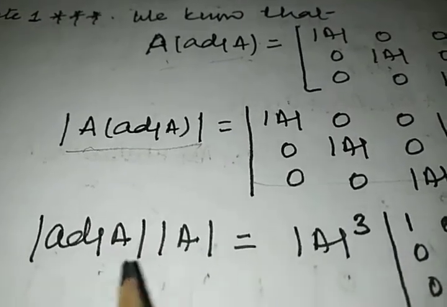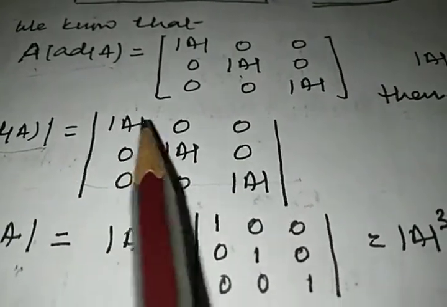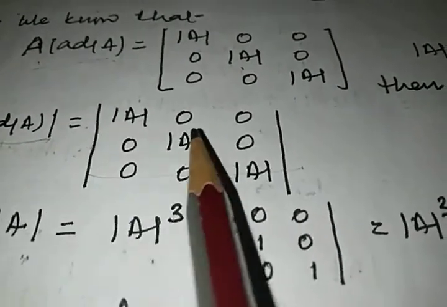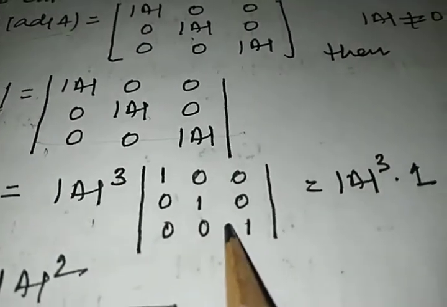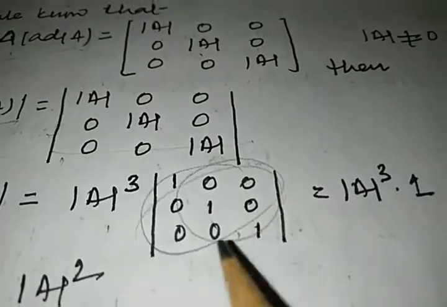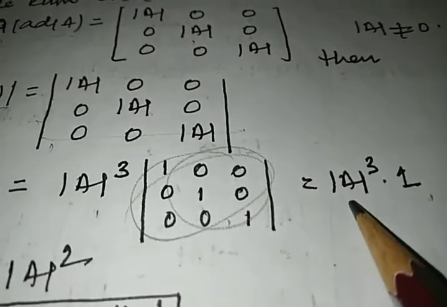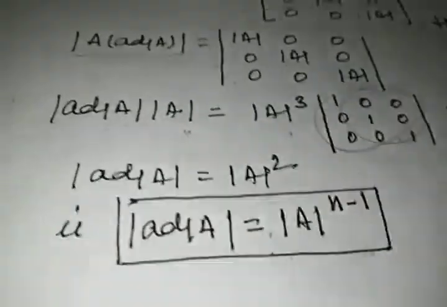So this is determinant of adjoint A into determinant of A. Taking determinant A common from here, we get determinant A here, determinant A here, determinant A cube, and the determinant of this identity will be equal to 1. So this is equal to determinant of A cube.